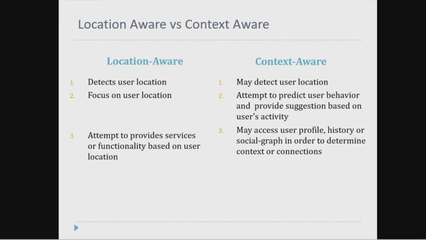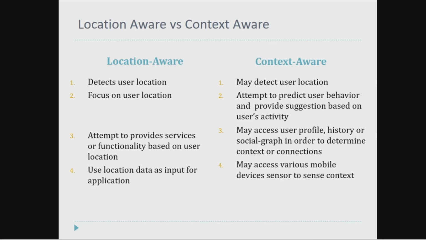Context awareness may access the user profile, history, or social graph in order to determine the context or connections of the users. Number four, location awareness uses location data as input for the application. Context awareness may access various mobile device sensors to sense the context.